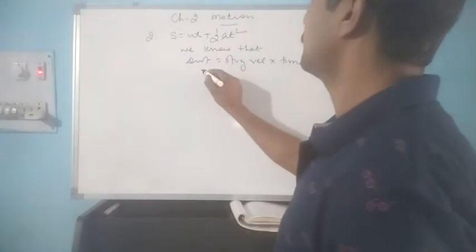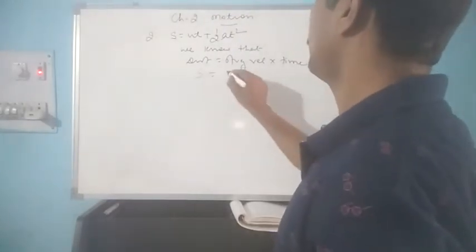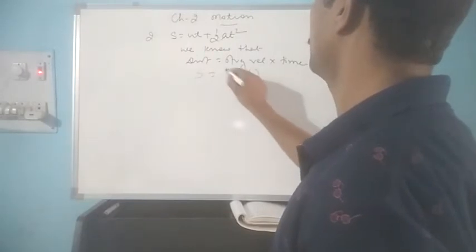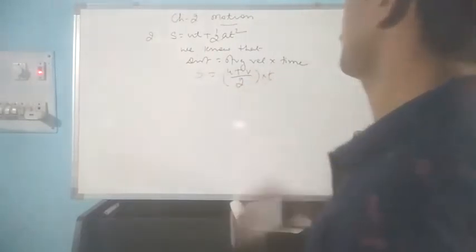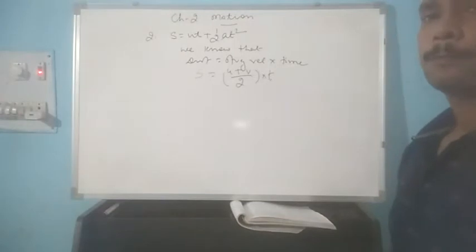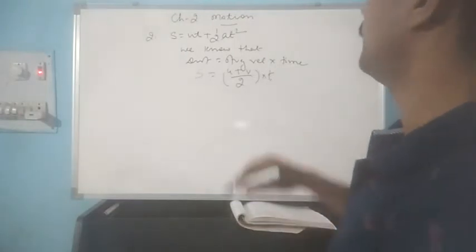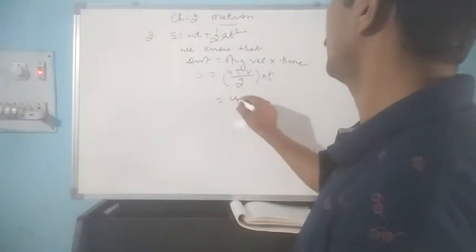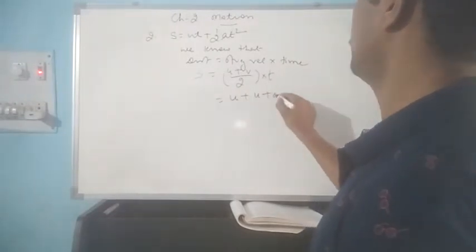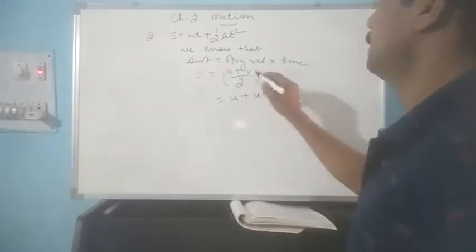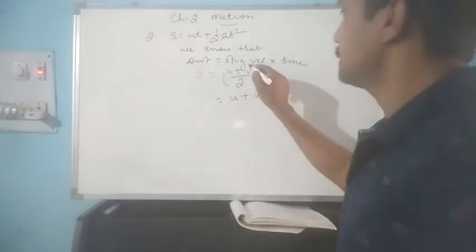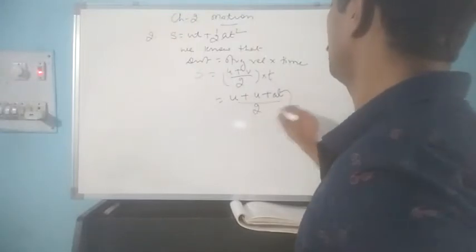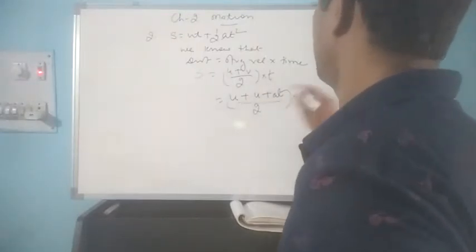This can be written as s equal to u plus v divided by 2 into t. Now we have to replace the value of v. From the first equation of motion, we know v equal to u plus at, so s equals u plus (u plus at) divided by 2, into t.